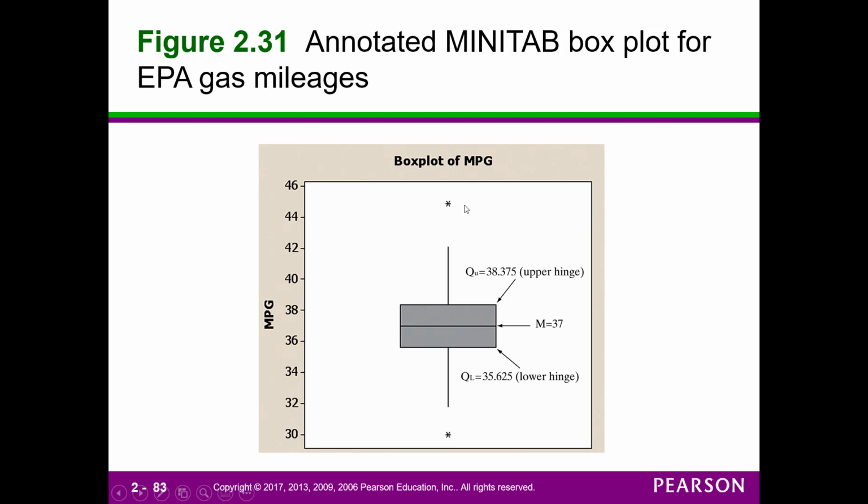The other two imaginary fences, the outer fences, are defined at a distance of 3 interquartile ranges from each end of the box, from each end here and there.